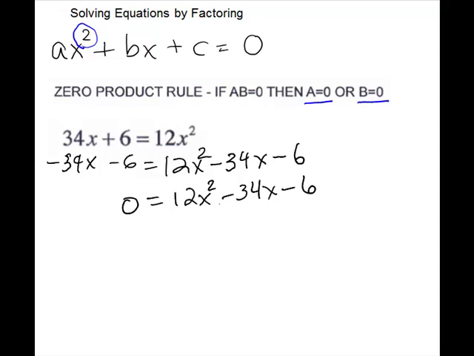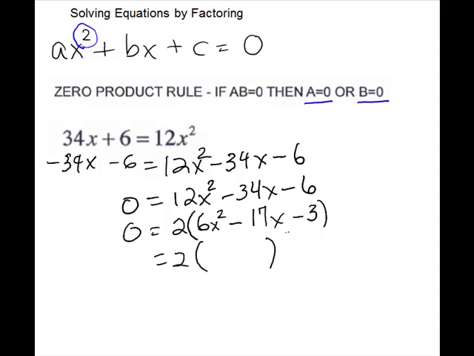Now we have to try to factor. We do have a GCF in this problem. We have a 2, so we'll take that out, and that will leave us 6x squared minus 17x minus 3. And then we will have to try to factor. This will be a trial and error problem with different signs.